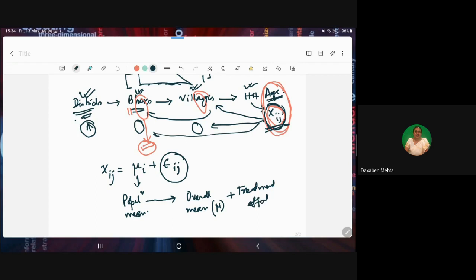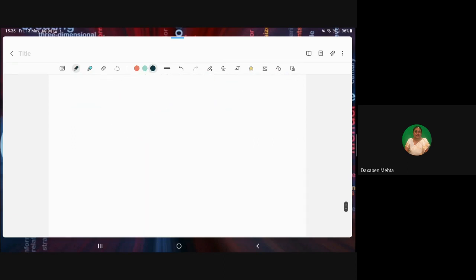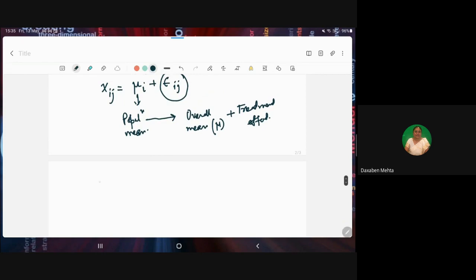What is the treatment effect? It is the difference between the block mean and the village level mean. So the exact value of a particular variable may be interpreted as the overall mean plus treatment effect, and plus the observational error. I'll come to an example and show you how it works, and this is actually the mu i.